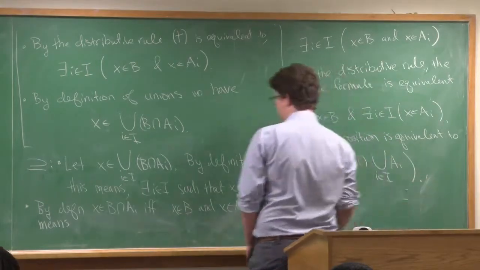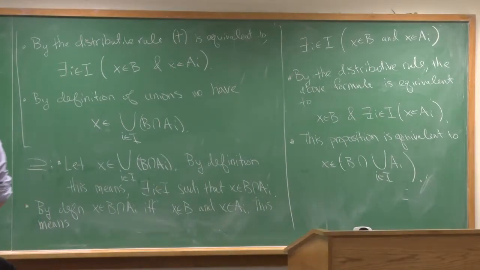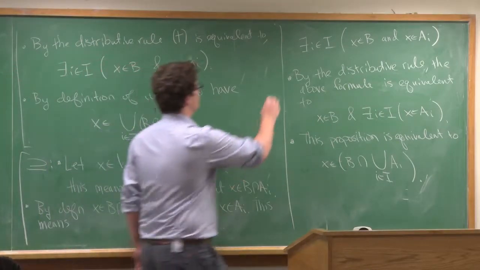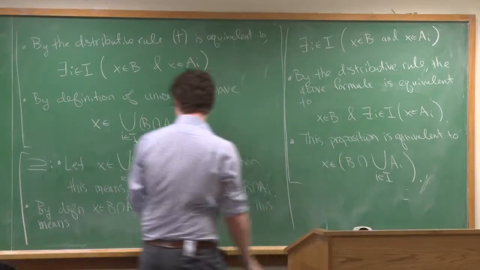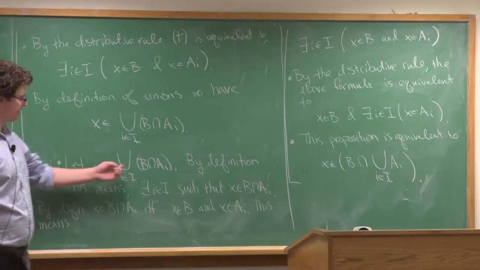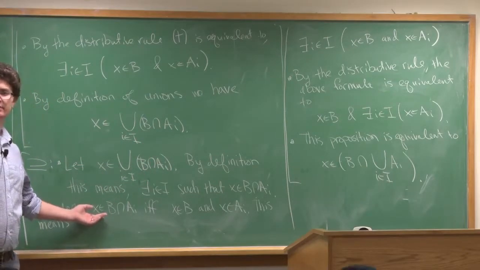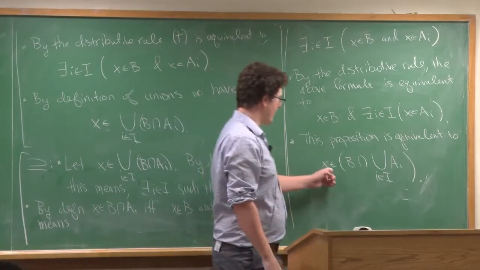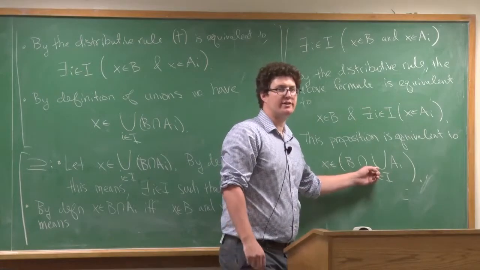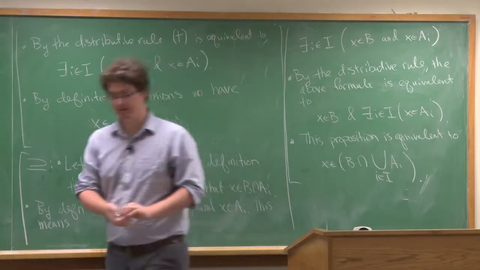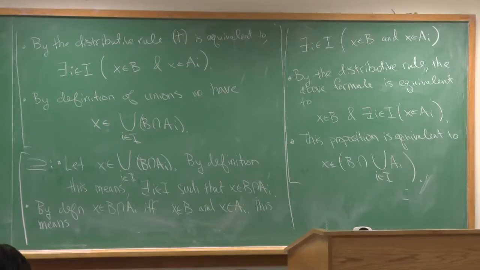Okay, so that concludes the proof of the second part. Where do we start the proof of the second part? Here. And notice the shape of the proof: let X be an element of this, then you just apply a series of definitions, and you conclude that X is an element of the thing that you want to show it's in. So that's how you prove that one thing's a subset of another thing.